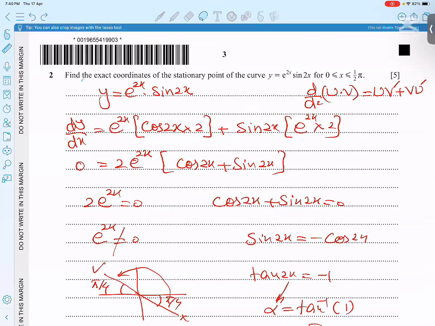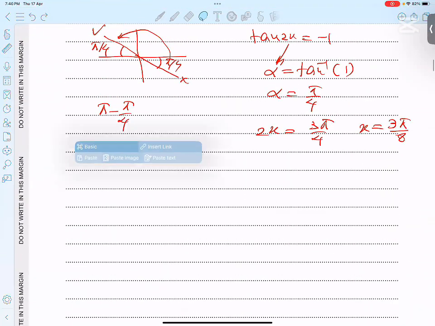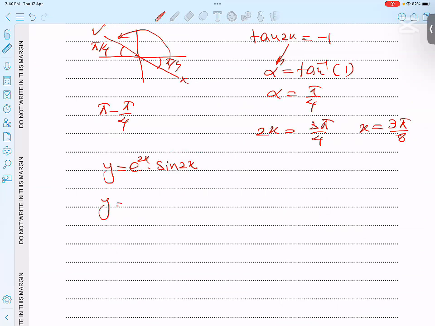So I copy this equation and bring it down, and I need to plug it in here. Put x value 2 times 3 pi by 8, and sine in 2 times 3 pi by 8. So this 2 and 8 cancel out. I get e to the power 3 pi by 4, whereas this is 3 pi by 4, in the second quadrant it is root 2 by 2.